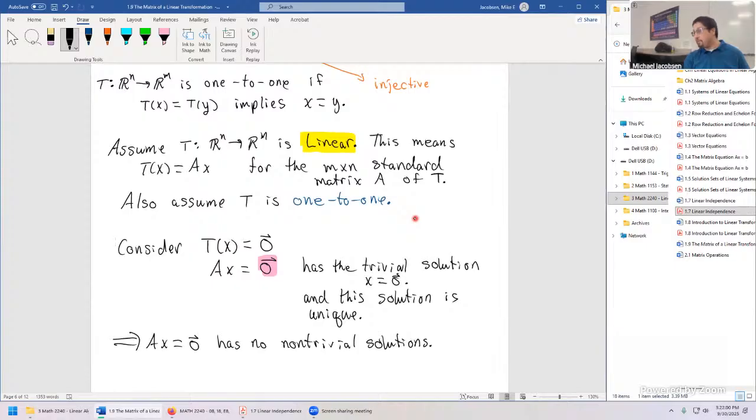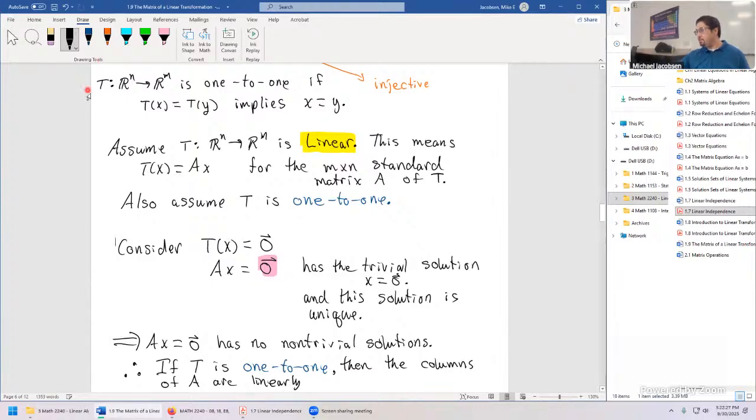So let's write down the punchline to this. We can say, therefore, if T is 1-to-1, then the columns of A are linearly independent.